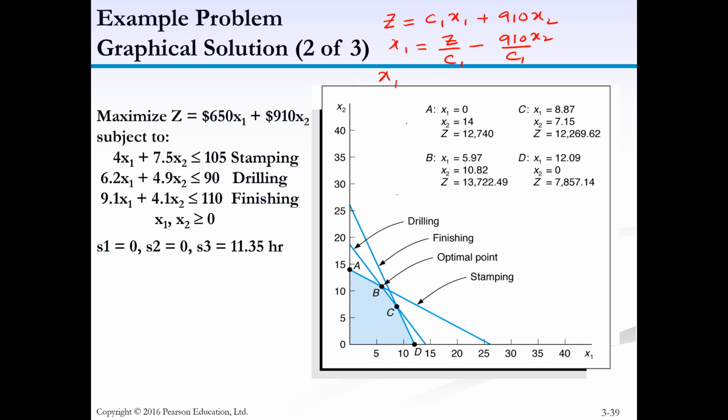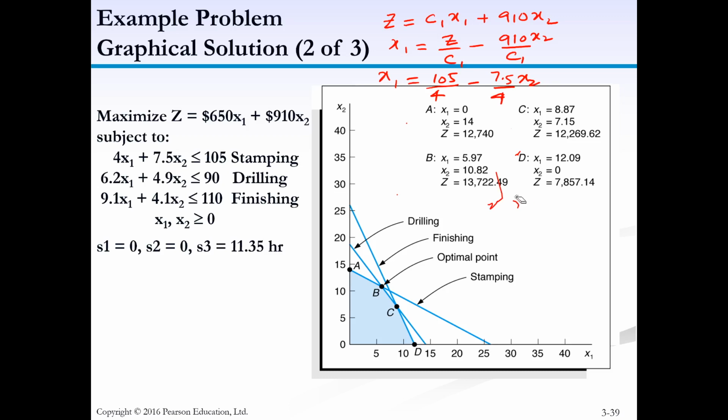x1 is equal to 105 over 4 minus 7.5 x2 over 4.